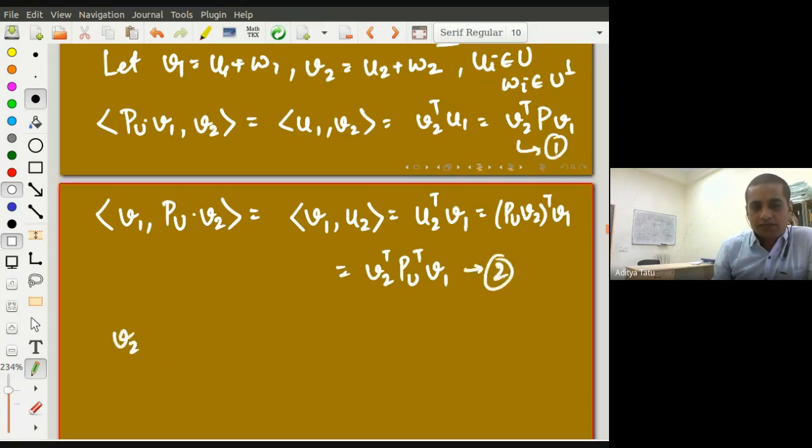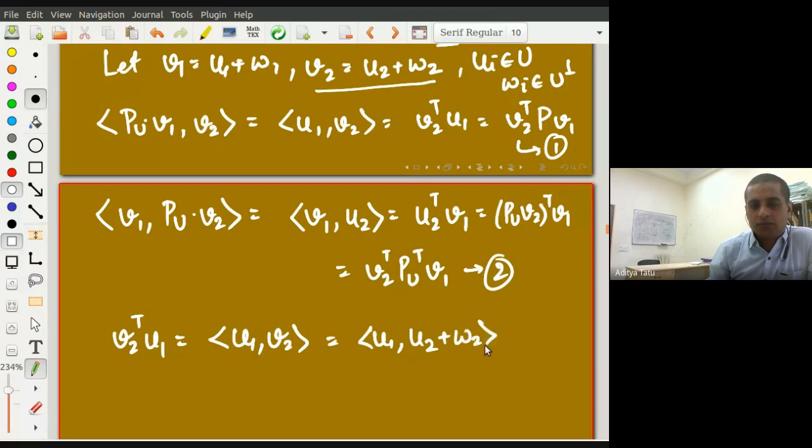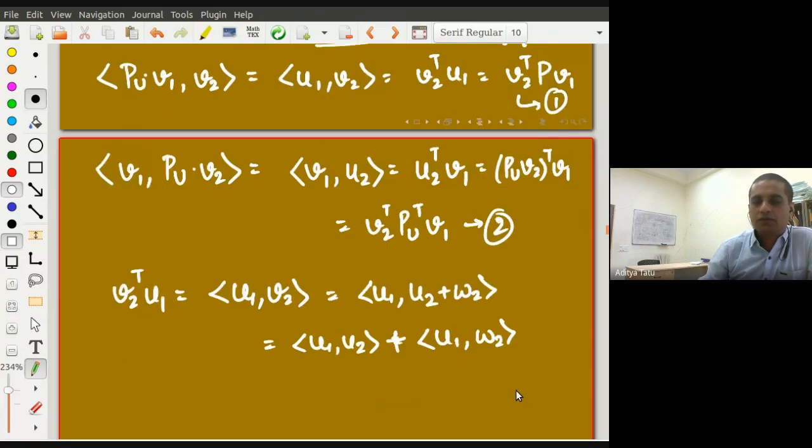What is v2 transpose u1 going to be equal to? What is v2? v2 is u2 plus w2. What is u1 inner product w2? It is 0. So this is just u2 transpose u1.